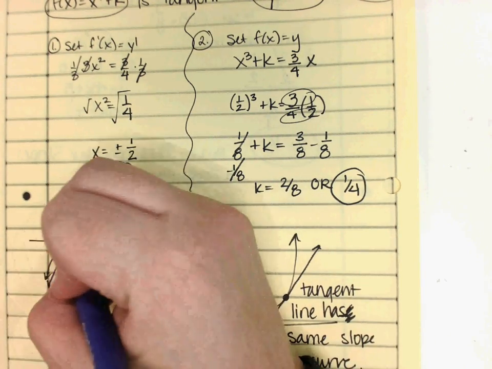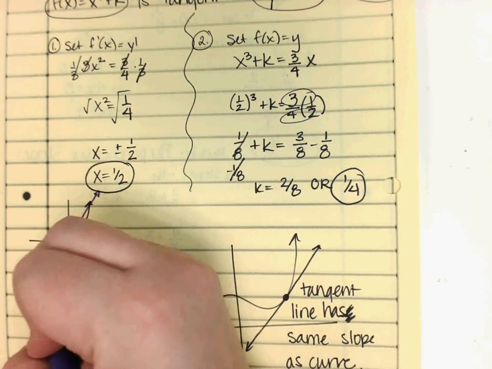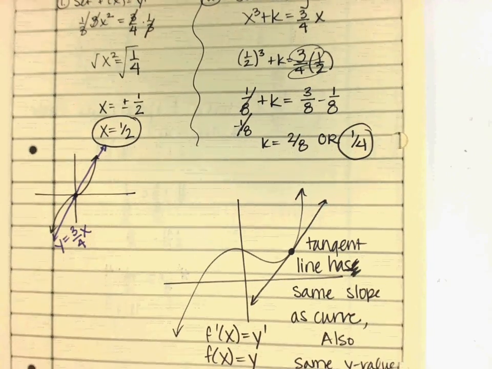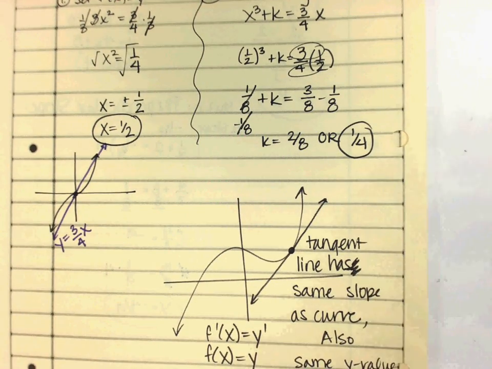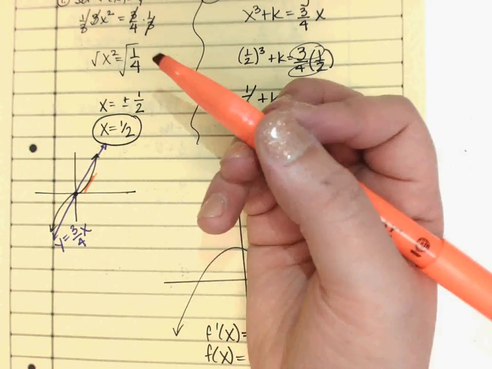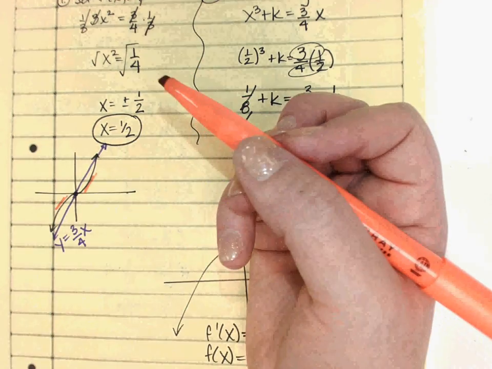Up. So this is y equals 3/4 x. So far, so good? Okay, how many places does the slope on the cubic match that slope? Twice. Where does it match? At a half and at negative a half, right?